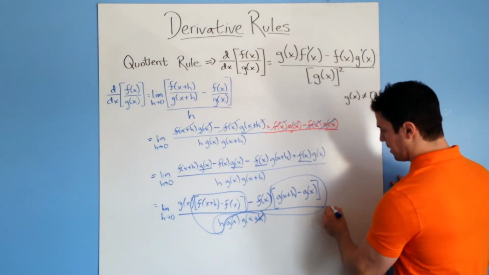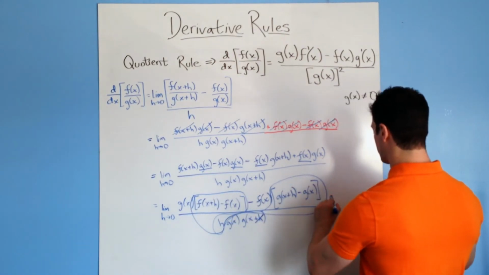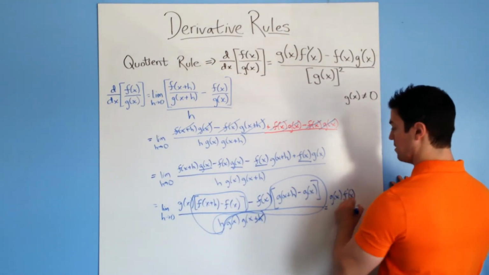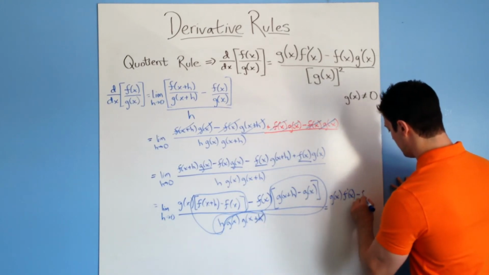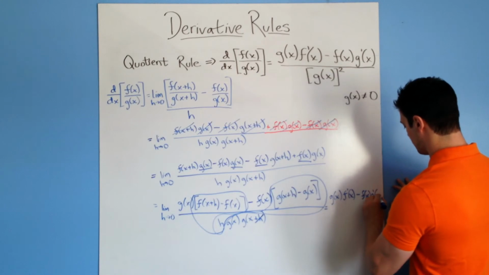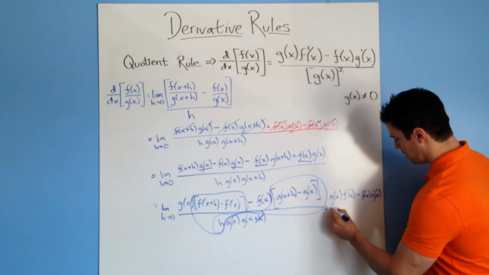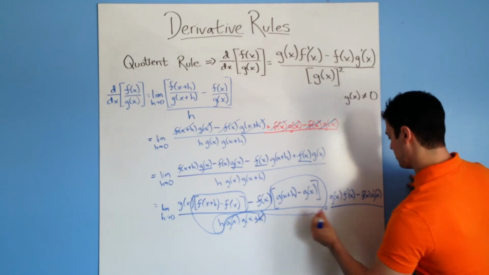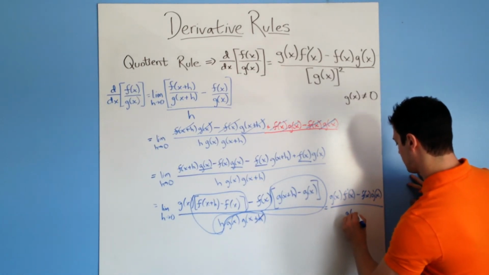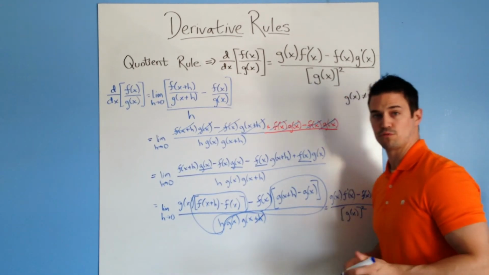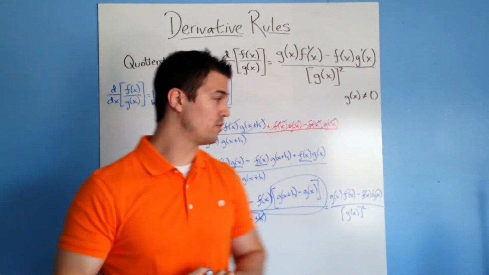So then you end up with g of x f prime of x minus f of x times g prime of x all over g of x times g of x, because this h went to 0. So you end up with g of x squared. And if you see up here, this actually proves our quotient rule, that it works.